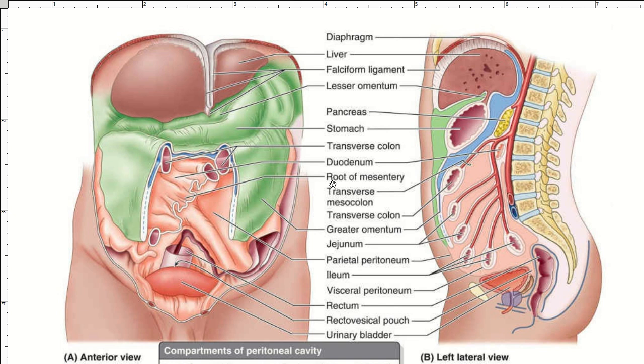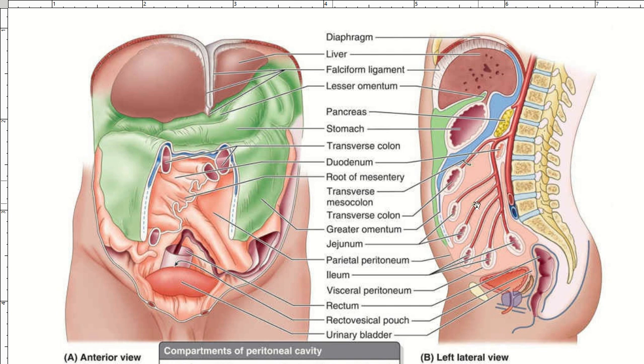Good. So the dorsal mesentery now is going to be given names according to the visceral organ it suspends, right? So the dorsal mesentery that suspends the stomach is called dorsal mesogastrium. That suspends the transverse colon right here is called the transverse mesocolon.